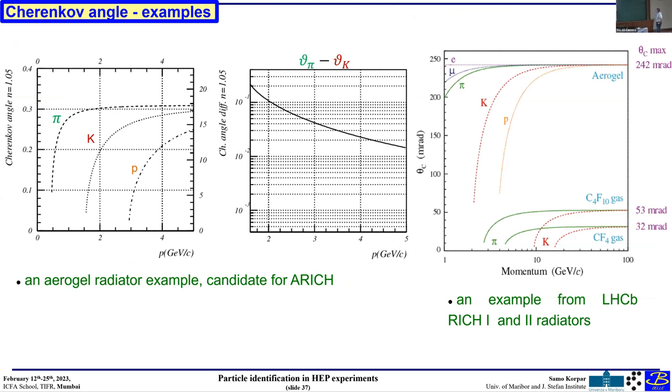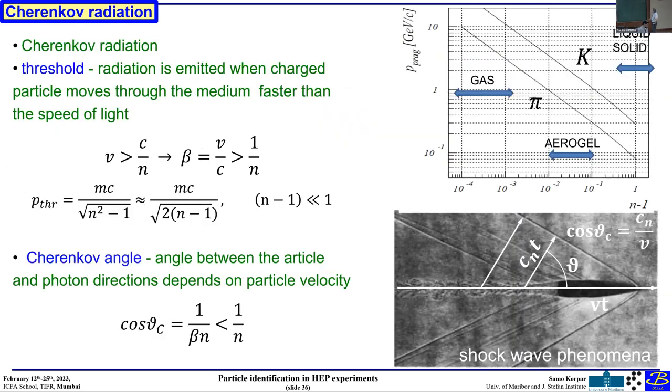Now a few examples of the Cherenkov angle. This is for aerogel with a refractive index of 1.05, typical for imaging. The maximum, saturated Cherenkov angle is when beta is basically 1, and then you get cosine theta Cherenkov equals 1 over n.